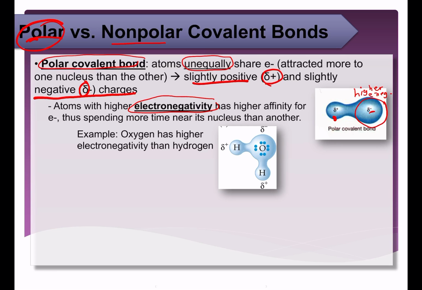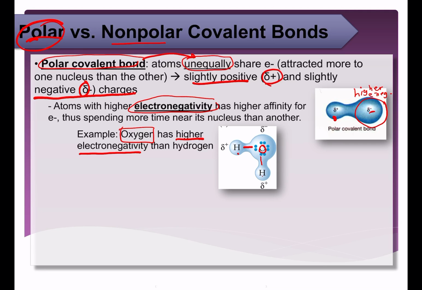Okay, so polar covalent bonds have to do with unequal sharing of electrons. In the case of the water molecule, we've just talked about how the oxygen shares electrons with the two hydrogens right here, but this sharing turns out to be unequal because oxygen has a higher electronegativity than hydrogen does.